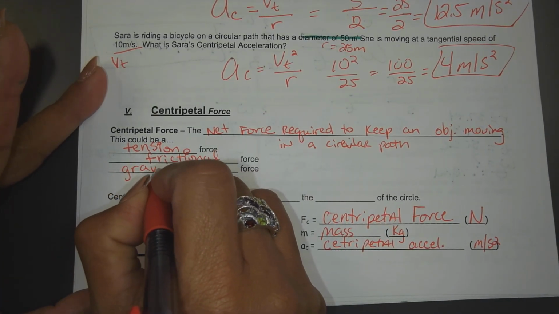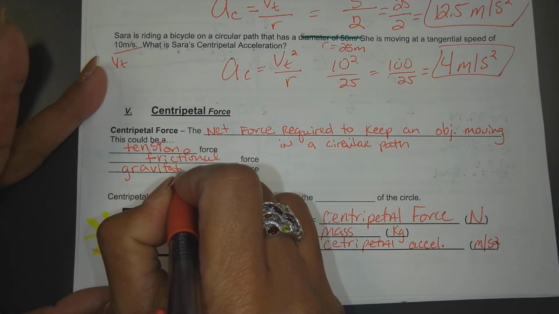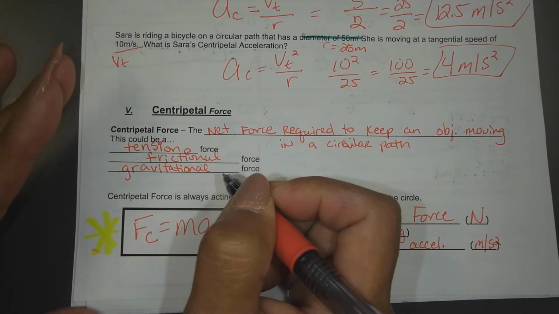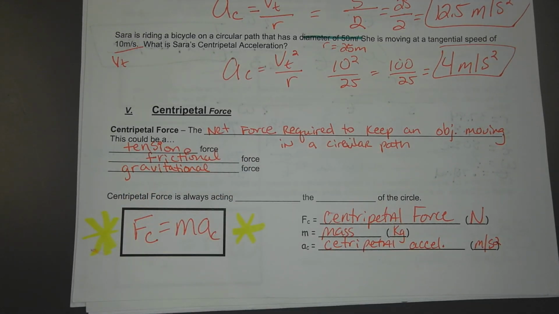Or some type of gravitational force, which kind of doesn't make sense. Let's talk about that. Now, centripetal force holds it in to the center of the circle. That makes sense. Tension, my wire's holding that little box so it doesn't fly off.